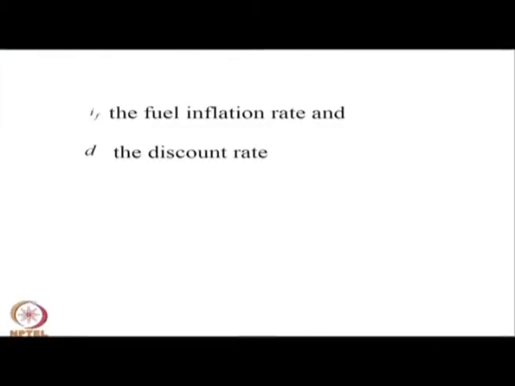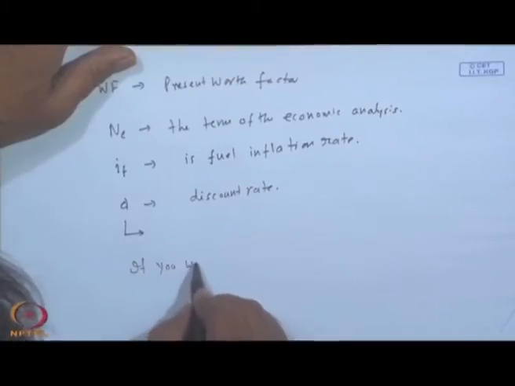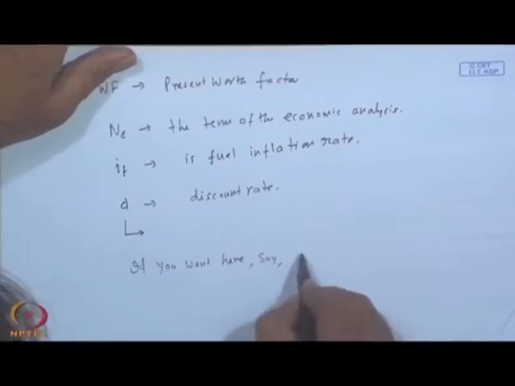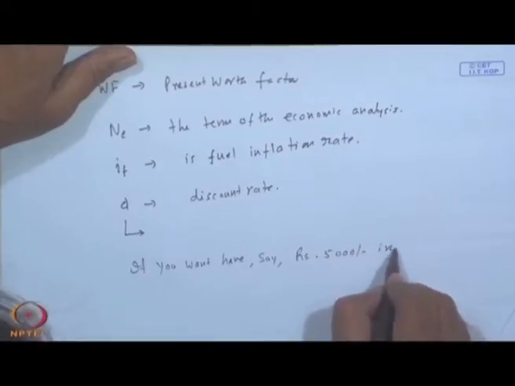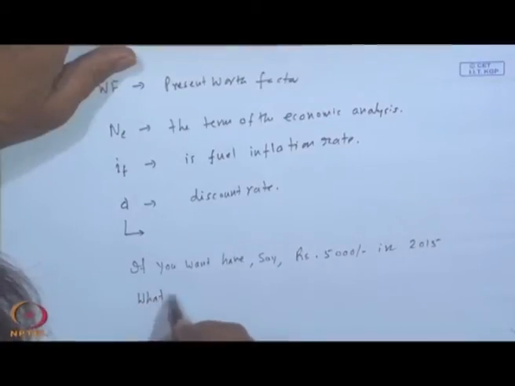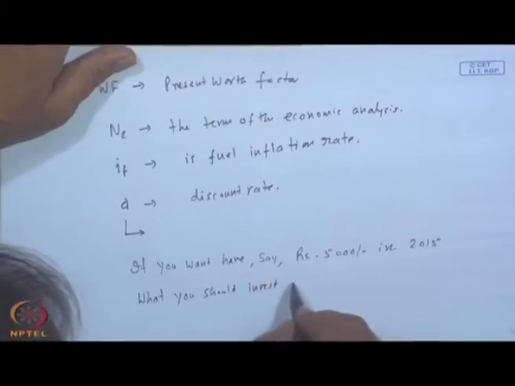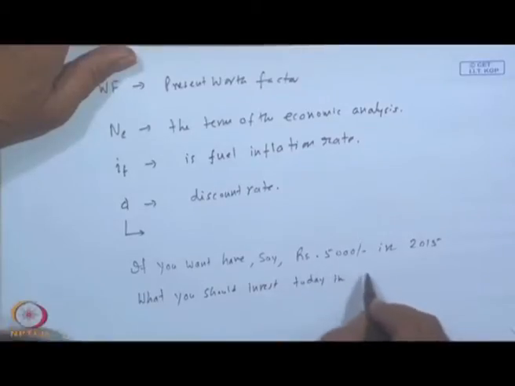This discount rate D is, if you want to have, say, Rs 5,000 in 2015, what you should invest in a bank or anywhere today, in let us say 2012.